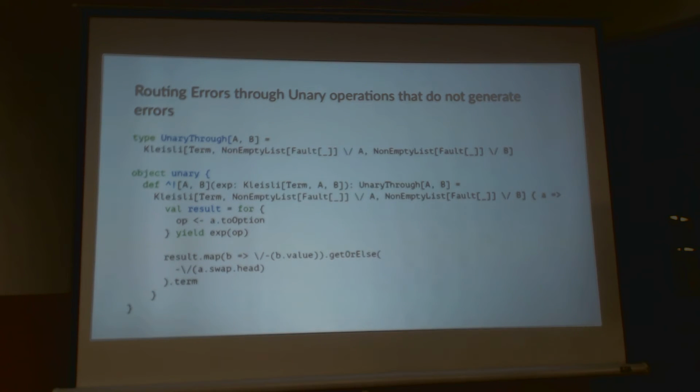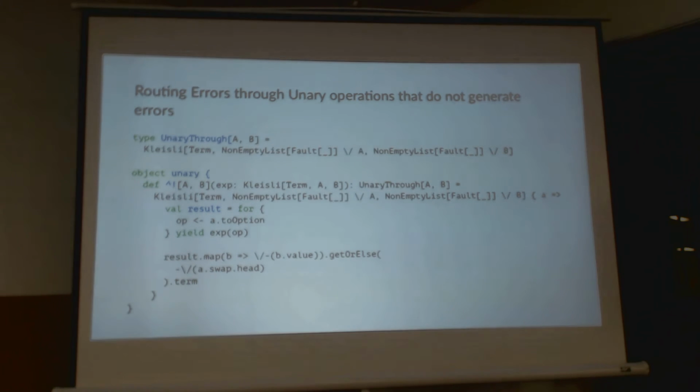The input is A, which actually might be non-empty list of false or A. We do a for comprehension here where we convert that disjunction to an option. And when you do that, if there's a value there, it will be Some of the value.